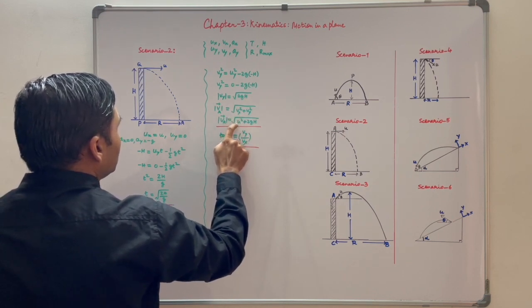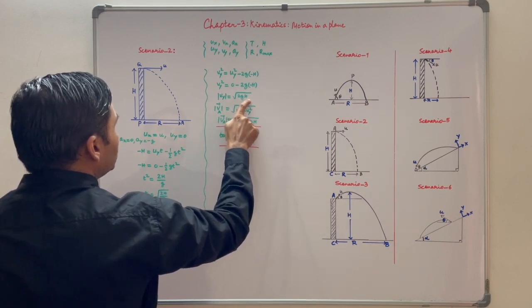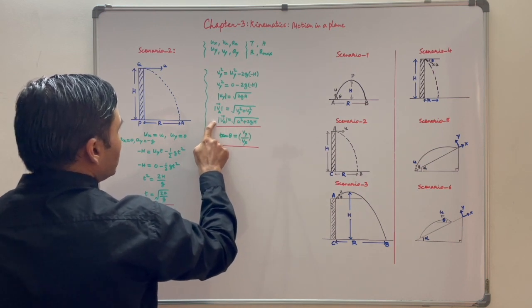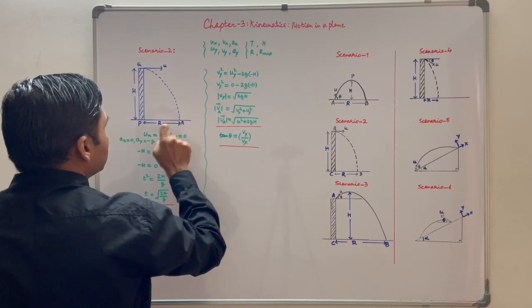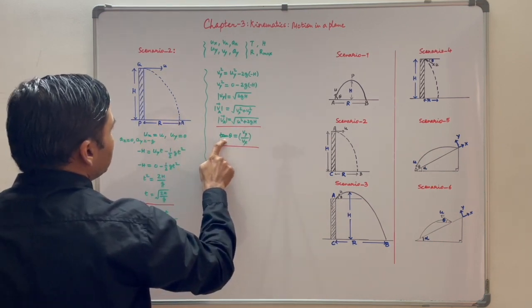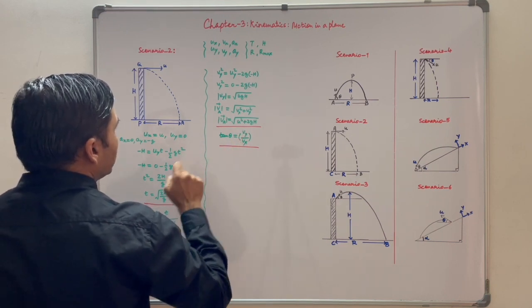So vx is equal to u and vy we have figured out is under root 2gh. So vy square is 2gh. So magnitude of velocity will be equal to under root u square plus 2gh when it hits the ground. And its direction, let's say it makes an angle theta with the horizontal. So tan theta is equal to vy upon vx.